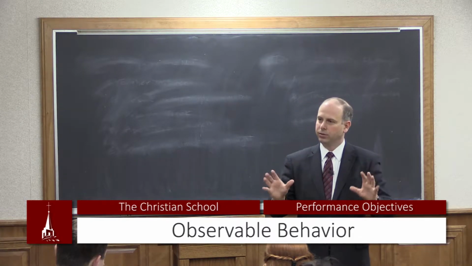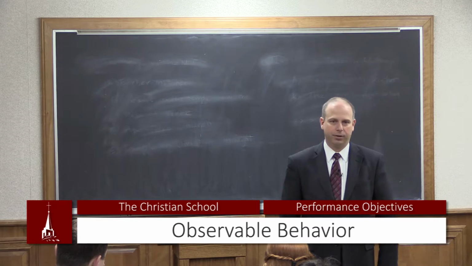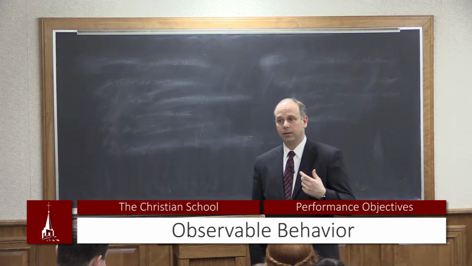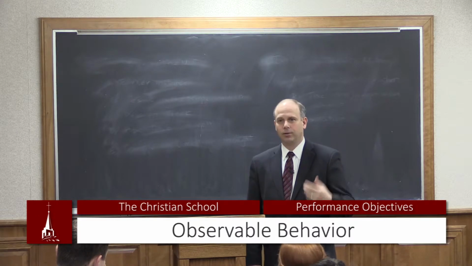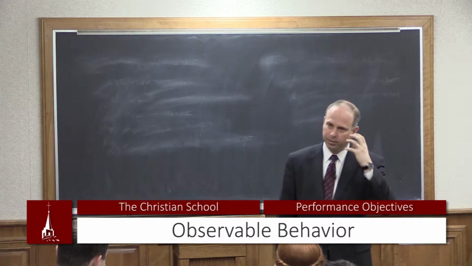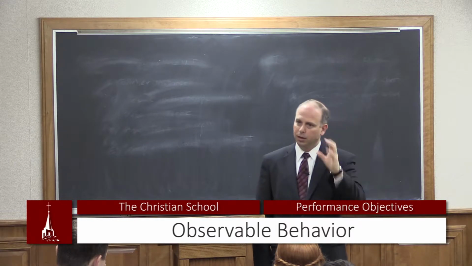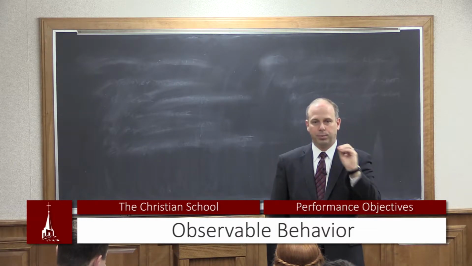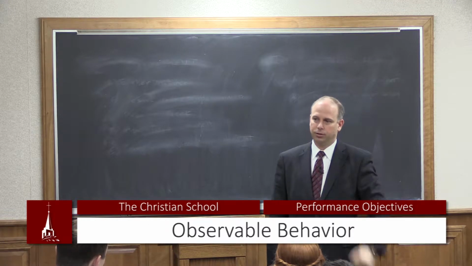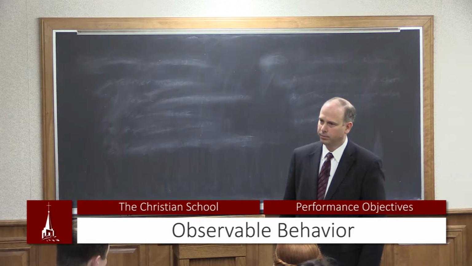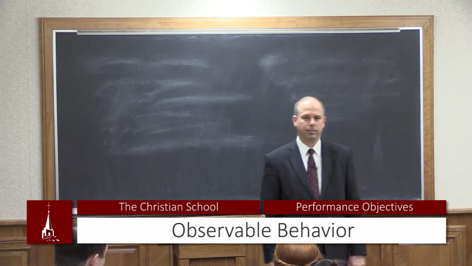And I want you to think of an observable behavior that you could teach about and then see, or not necessarily see, but something that's observable. See, hear, whatever, something along those lines, the people that you teach do. Okay? So I'll give you a few seconds to think about that.